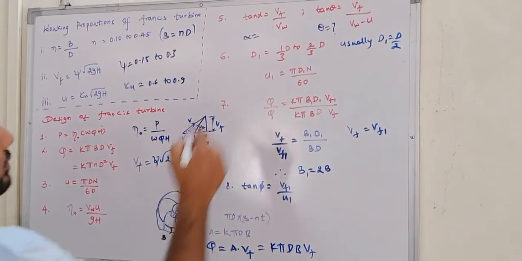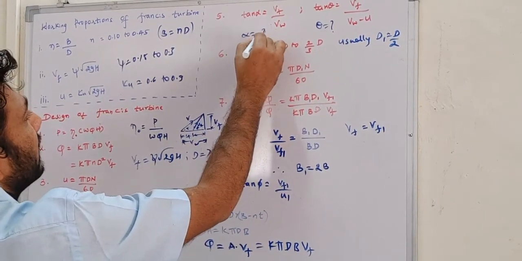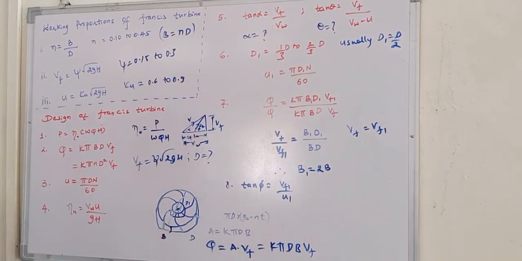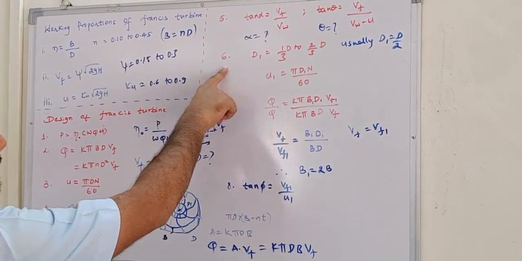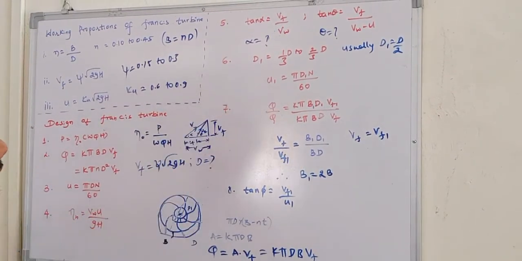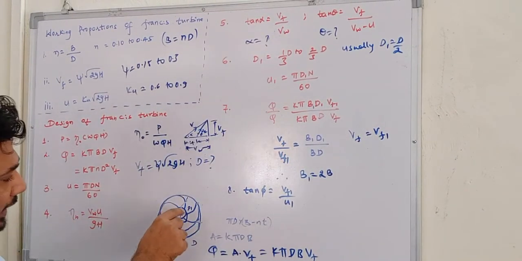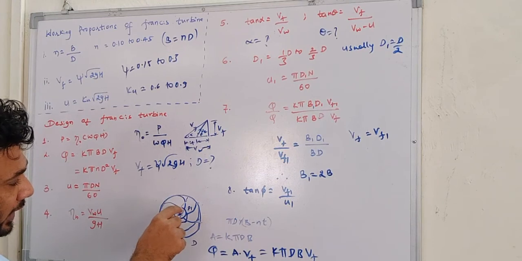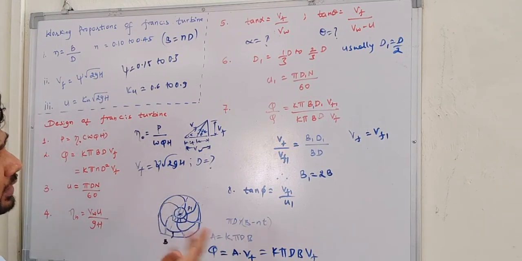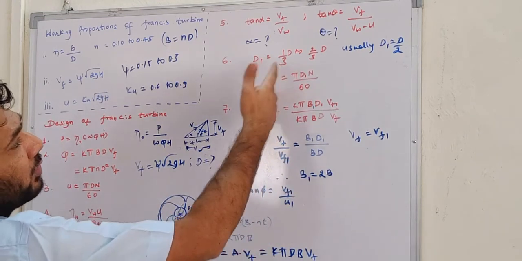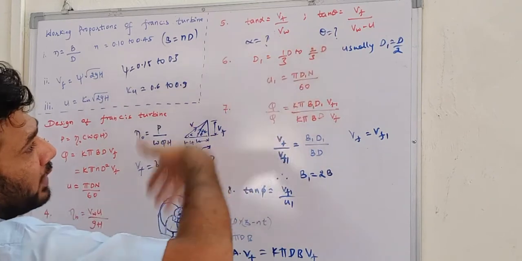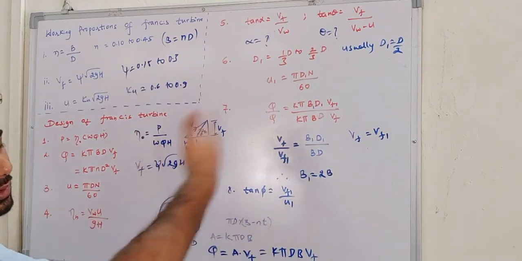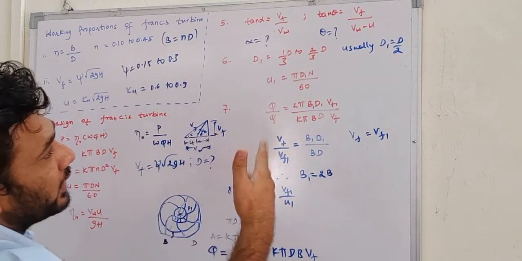Now next, in the sixth step, we try to determine the diameter at inlet, the inner diameter. This inner diameter is basically assumed in the range of 1/3 to 2/3 of capital D, capital D being the overall diameter or the outside diameter.